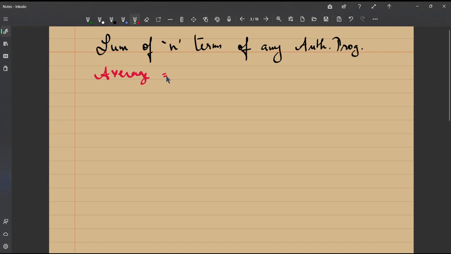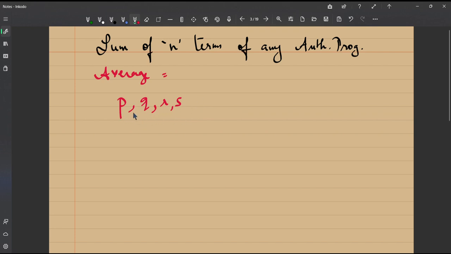Suppose a set of data is given to us, say a set of numerical data, we call it P, Q, R, S. It may represent anything, like the height of students of a particular class or the marks obtained in a particular subject, whatever. So if a set of data is given to us, how do we find the average of the data? That is one value which would represent all the values in this given set of data.